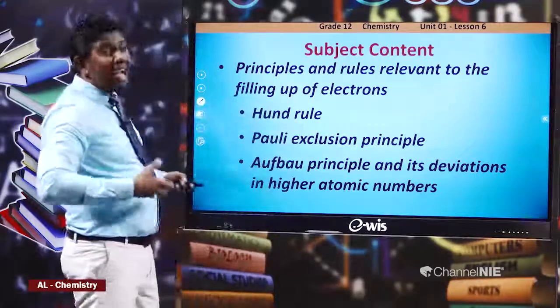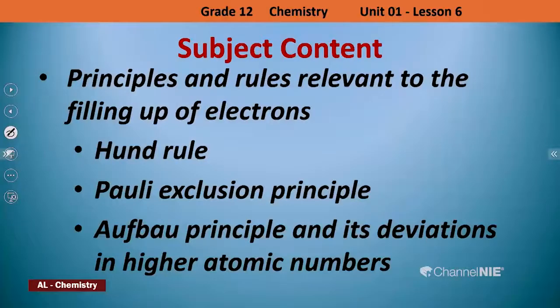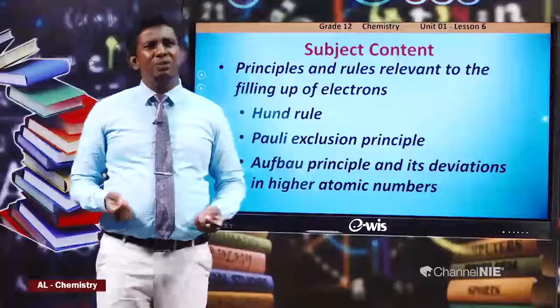Students, we have these principles and rules relevant to the filling up of electrons inside those atoms: Hund's rule, Pauli's exclusion principle, then Aufbau principle, and its deviations at the higher atomic numbers. There are a few deviations as well.